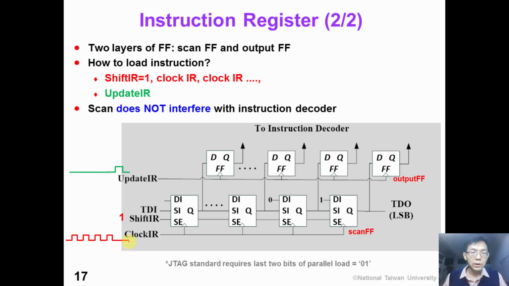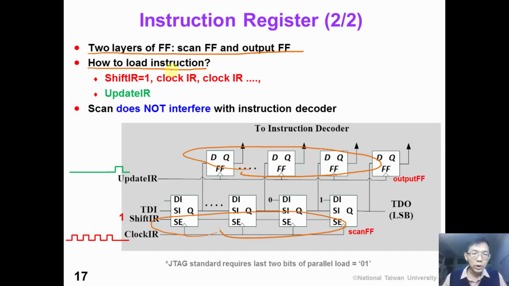This slide shows the architecture of instruction register. It is very similar to the boundary scan register, which has 2 layers of flip-flop. The first is the scan flip-flop and the second layer is the output flip-flop.